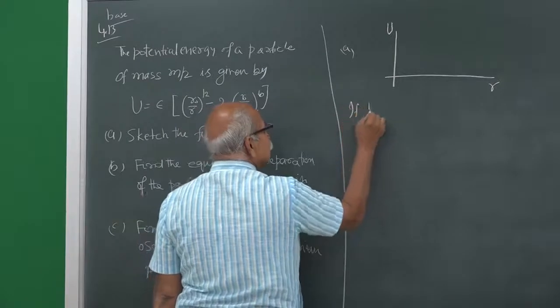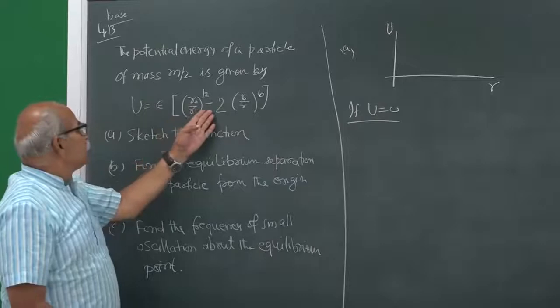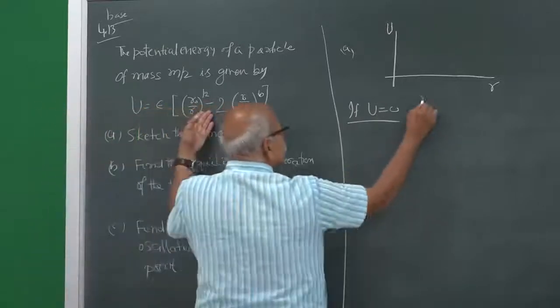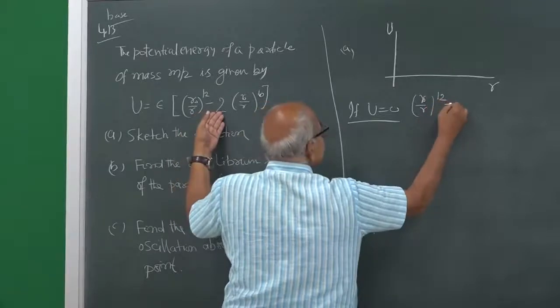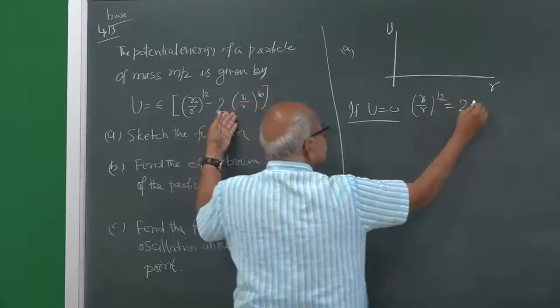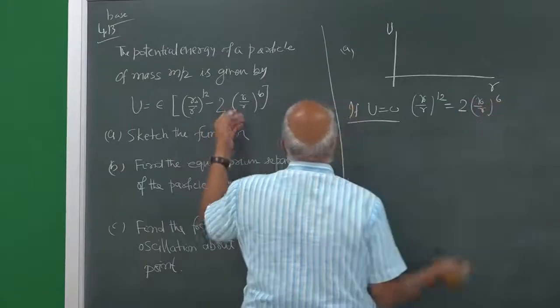If u is equal to 0, that means r naught by r to the power 12 is equal to 2 times r naught by r to the power 6.